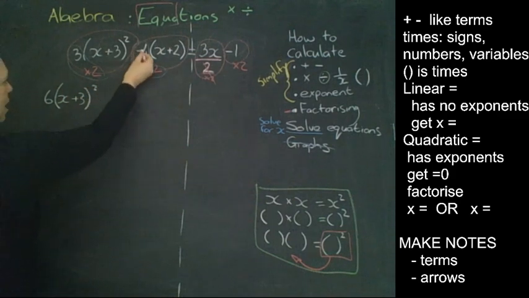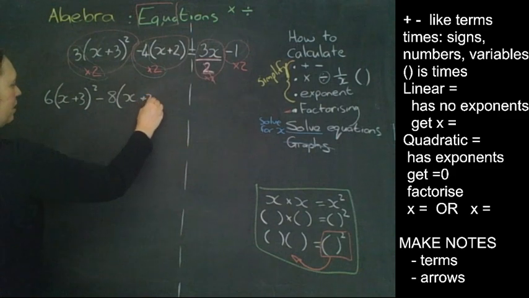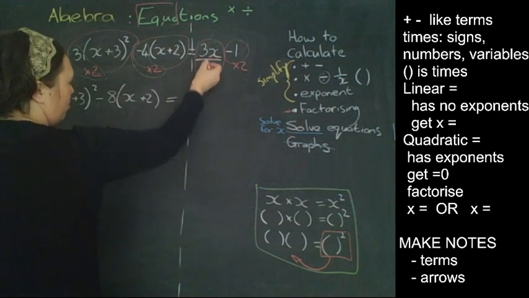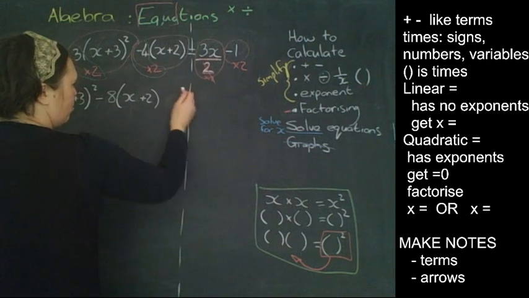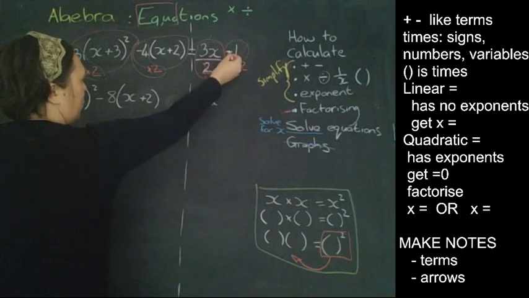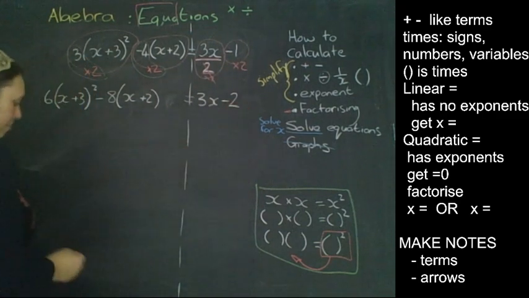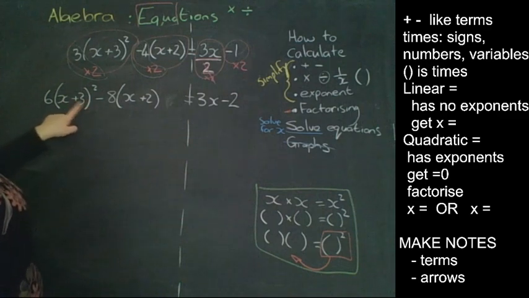Here we've got minus 4 times 2 is minus 8. And I'm leaving the bracket alone. Here we multiplied by 2, which cancelled out the divide by 2. So we have 3x. Minus 1 times 2 is minus 2. Okay, fraction gone.